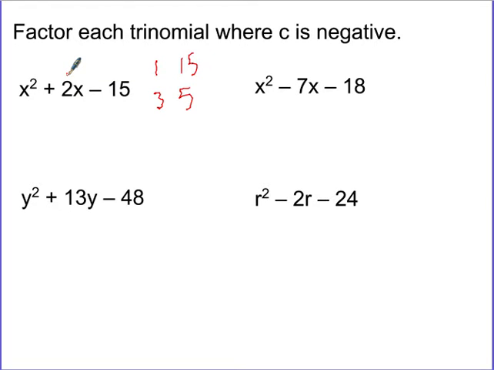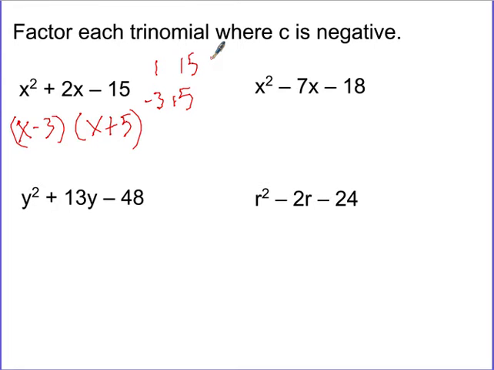Oh, negative 3, positive 5. Since this number is positive, the largest of the two values needs to be positive. So I need a negative 3 and a positive 5. Negative 3 times positive 5 is a negative 15, and negative 3 plus 5 would be positive 2. That tells me how I need to organize my factors, x minus 3 and x plus 5. Does that make sense?